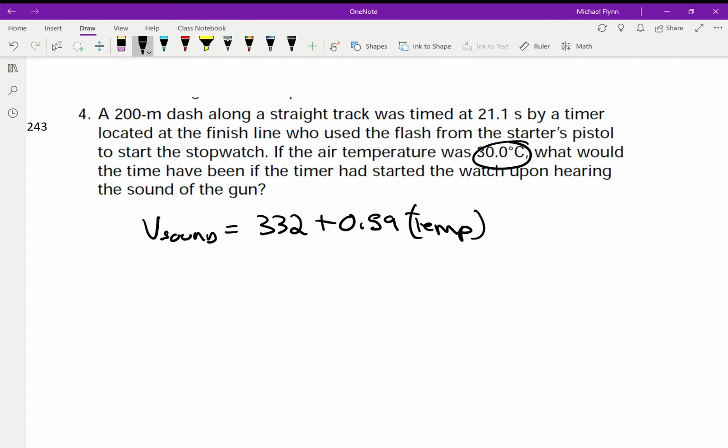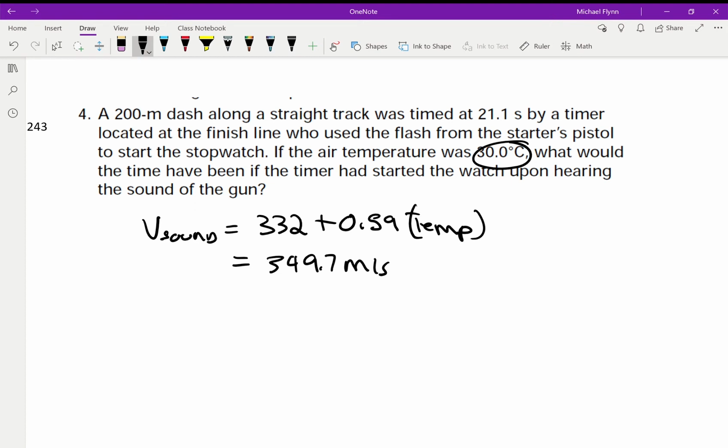The temperature is 30 degrees Celsius. So 332 plus 0.59 times 30 equals 349.7. So this is 349.7 meters per second. Okay, so now you start your stopwatch, and that's what you get.